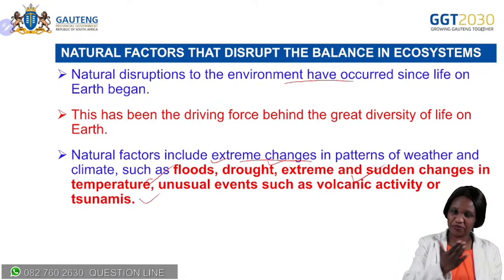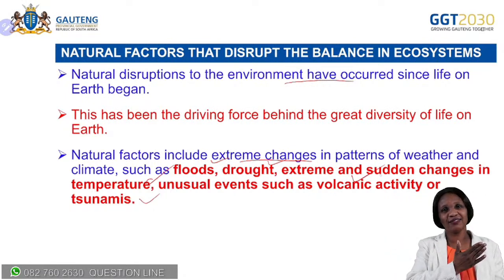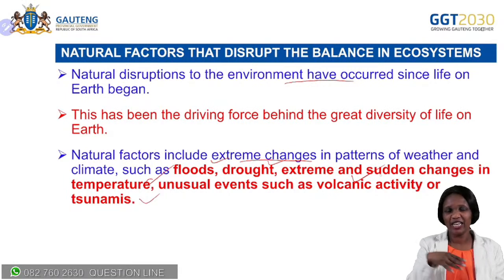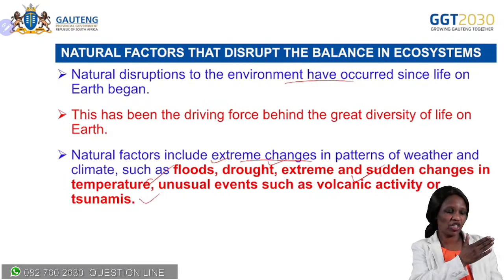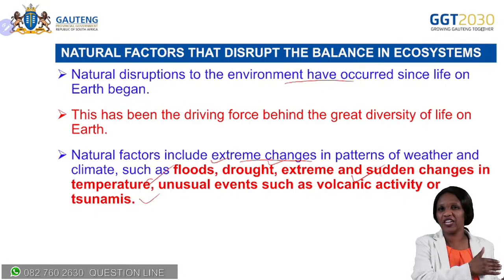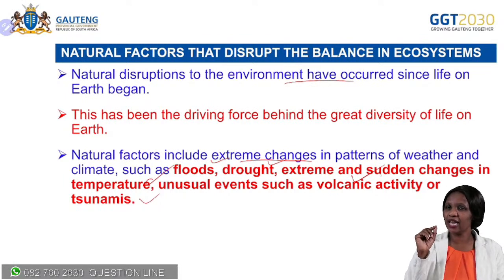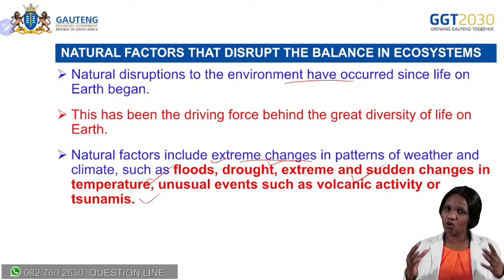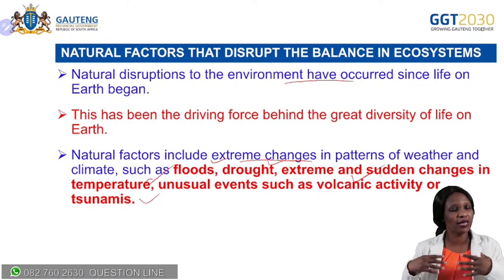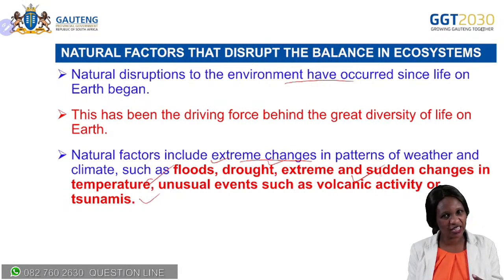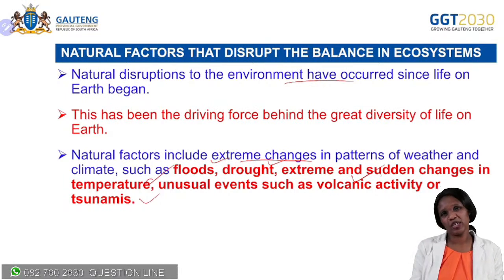Then it sweeps the dry land. Do you still remember the tsunami that happened in 2012? It swept a lot of places from Japan, India, Thailand. It went into different countries, killing a lot of people. These are natural disasters, but they are caused by human activities. But if we're very careful, we are not going to experience these. So let's be careful.